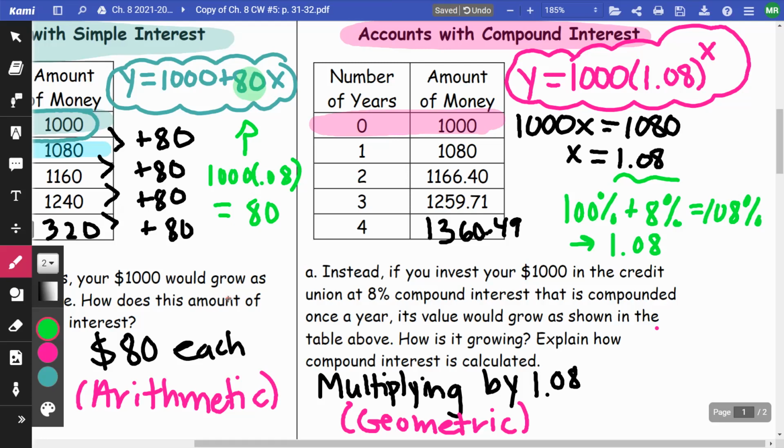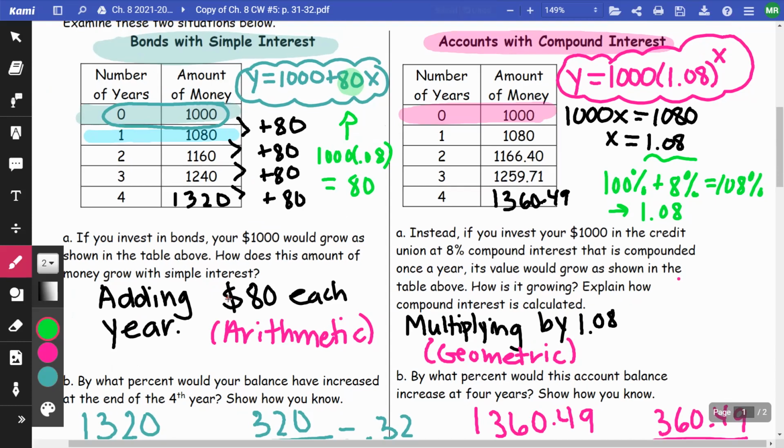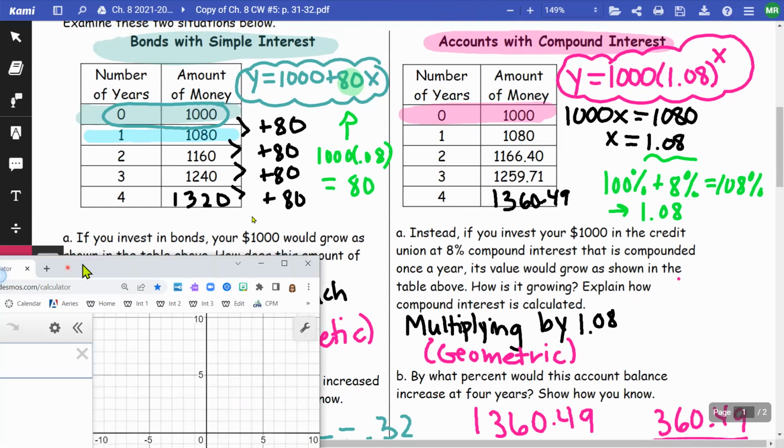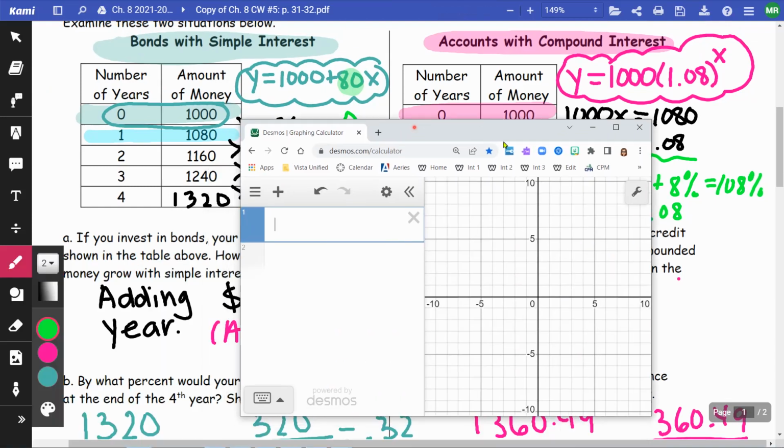Okay, then the next thing that we did is we took these two equations and we put them into Desmos. And then we're going to put that on the next page. So let me just get my Desmos over here. And so you can do this too. Open Desmos.